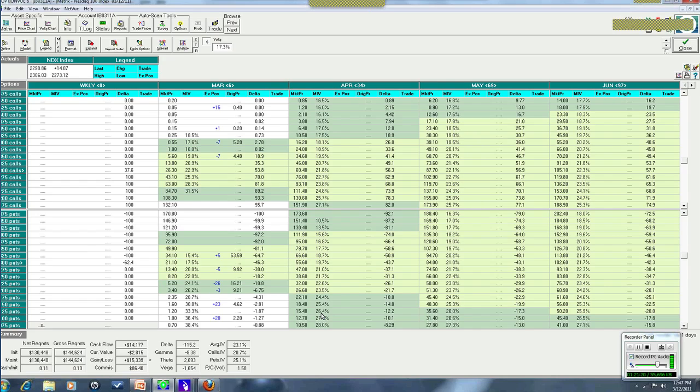Yeah, because a lot of people think about selling the weeklies. It's got this allure: oh man, I can sell options that only have 5 days left on them every week. The facts are that I find it's better to be buying those options. But you've got to be careful. You don't want to buy them the day they come out.